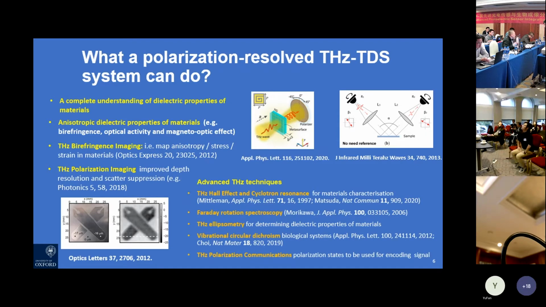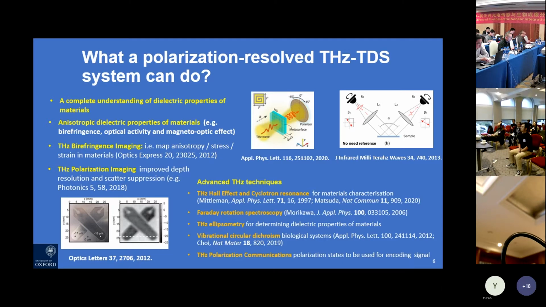Before I go to my own work, I will give an introduction on why we need a polarization resolved terahertz time domain spectroscopy system. Firstly, this polarization resolved system allows a complete understanding of the dielectric properties of materials, including their anisotropic dielectric properties, such as birefringence or optical activity.